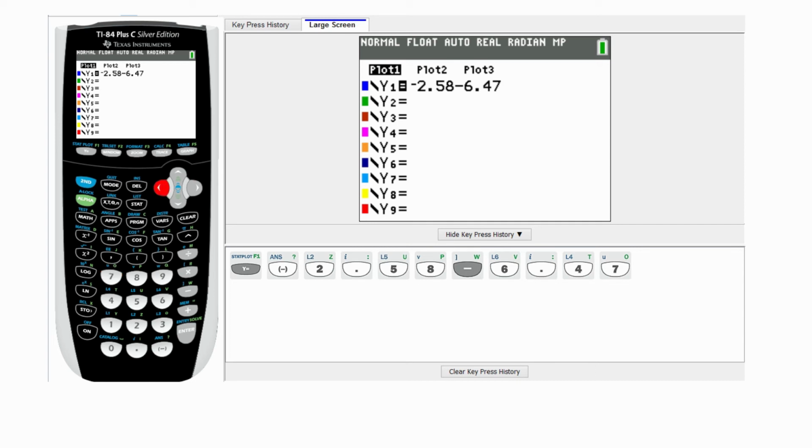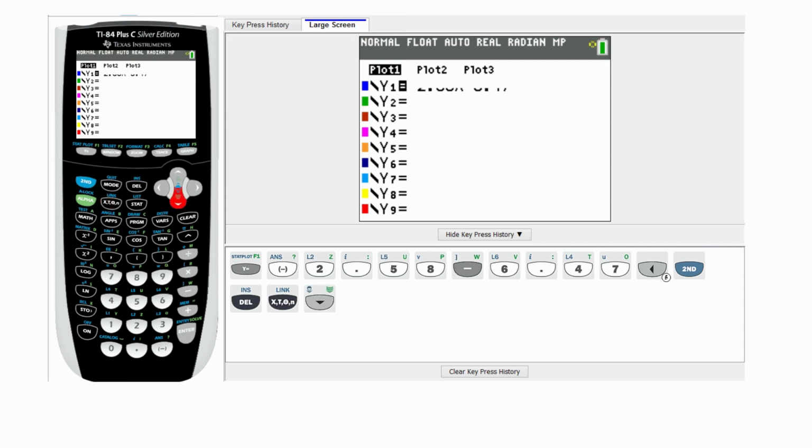Using my left arrow, I arrow to this position where I want the x, which is before the minus sign. Second, and the delete button allows me to insert. Now you can see that it is alternating between the minus sign and a line at the bottom. I push my button X,T,theta,n and it types in our x.